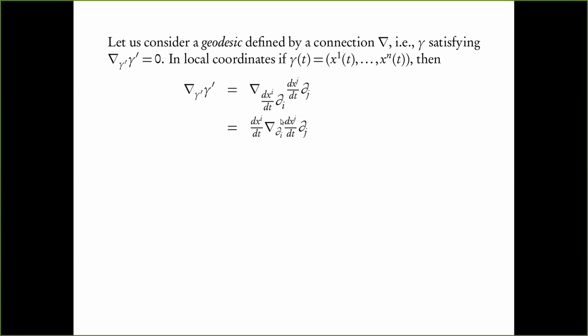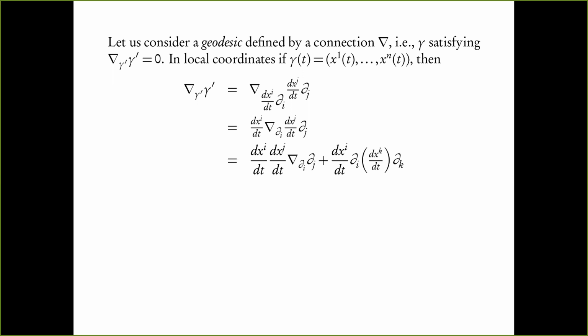Now here you have to apply the Leibniz rule, which means either the dxj dt will come out and you have nabla del i del j, or you have del by del xi of dxj dt, and then you have the usual del j. So this is what you get. I'll just pause for a moment. You can have a look and convince yourself that this is exactly what you get by applying the Leibniz rule to where the connection is acting on.